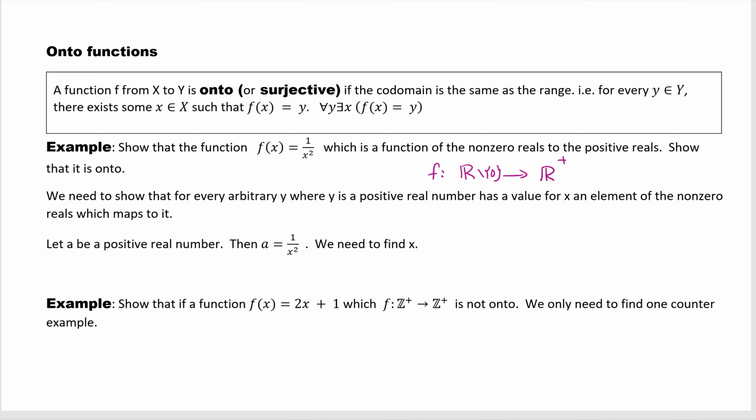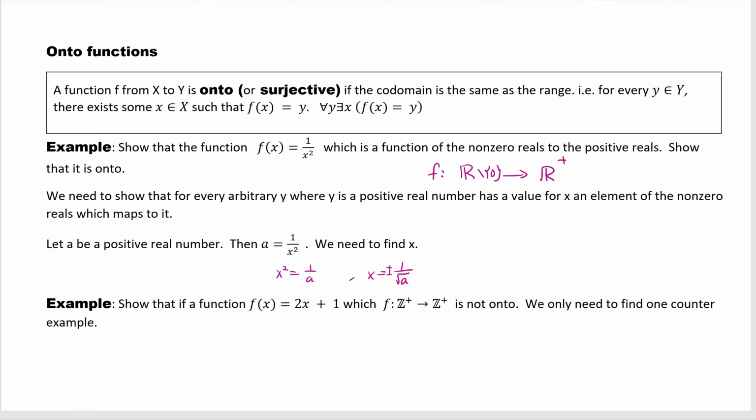Let a be any positive real number. Then a equals 1 over x squared, and we want to find x. Then x squared equals 1 over a. Taking square roots, we get x equals plus or minus 1 over the square root of a.